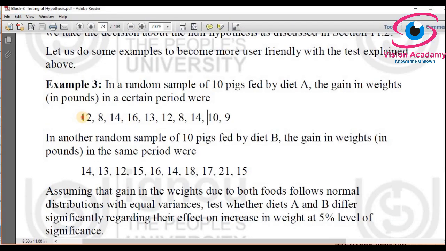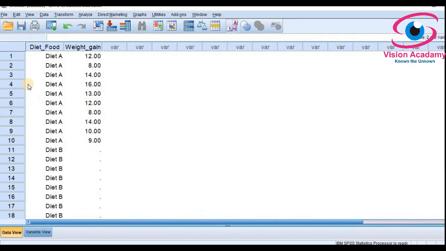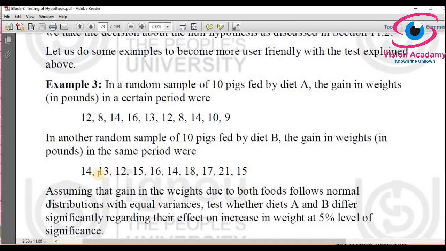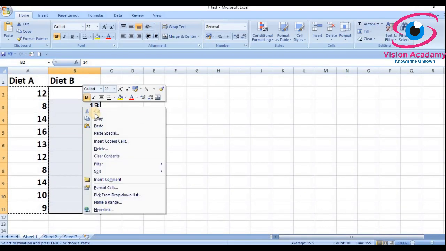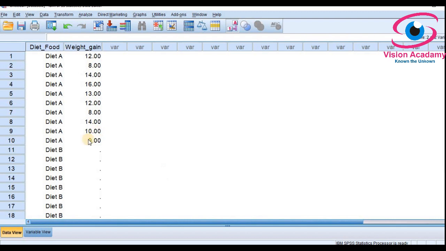In diet A I have considered that. For diet B I have to consider 14, 13, 12 and so on. I will copy that too and paste it here. So diet A food and diet B food are entered.